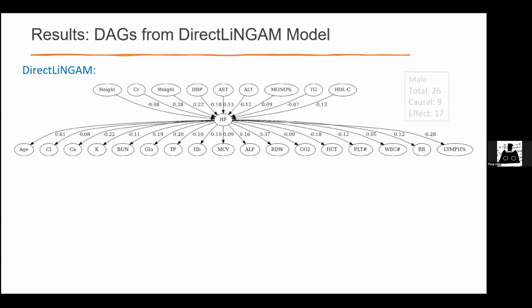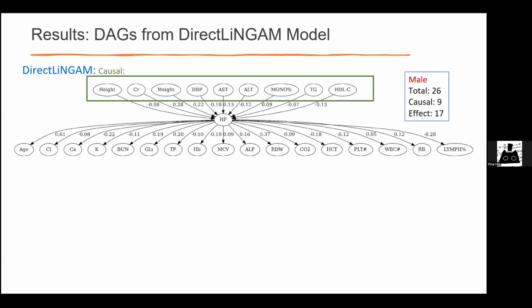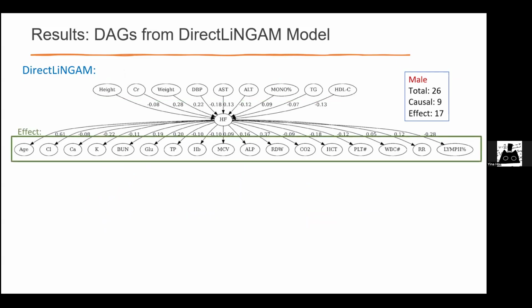Let's move to the results part more deeply. We will show the DAG from the DirectLiNGAM model for the male dataset. For male datasets, a total of 26 features show causal relation. Nine cause heart failure and 17 features are effects of heart failure.